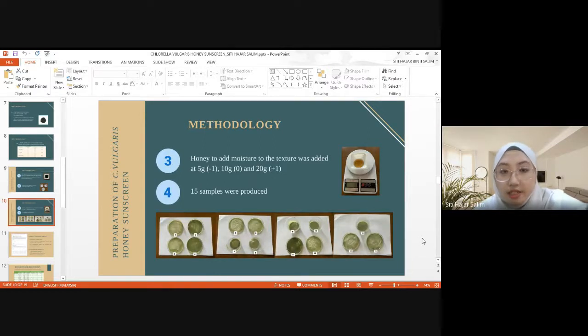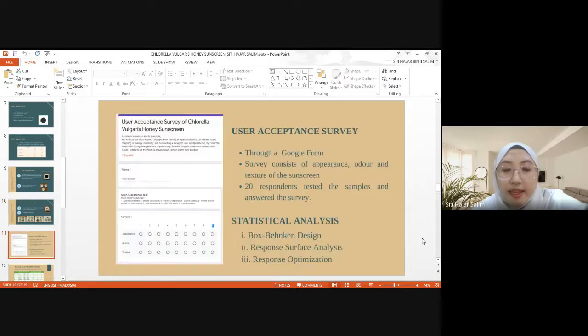After mixing all 3 ingredients, 15 samples were produced. These 15 samples were then given to a total of 20 respondents to test and answer the survey through a Google form. This survey consists of appearance, odor, and texture of the sunscreen. The statistical analyses used are Box-Behnken design, response surface analysis, and response optimization.